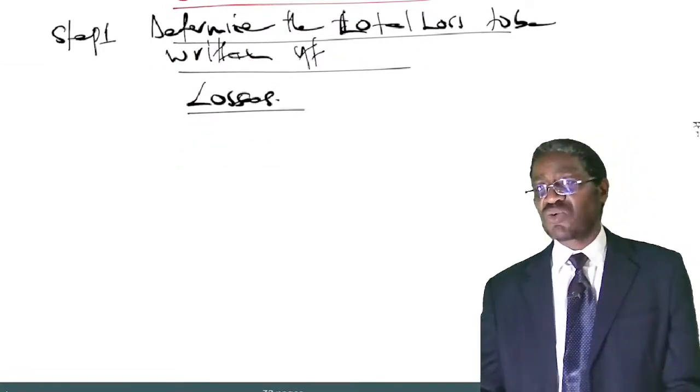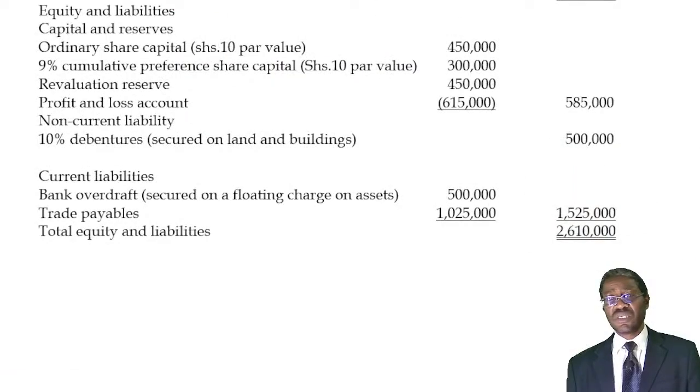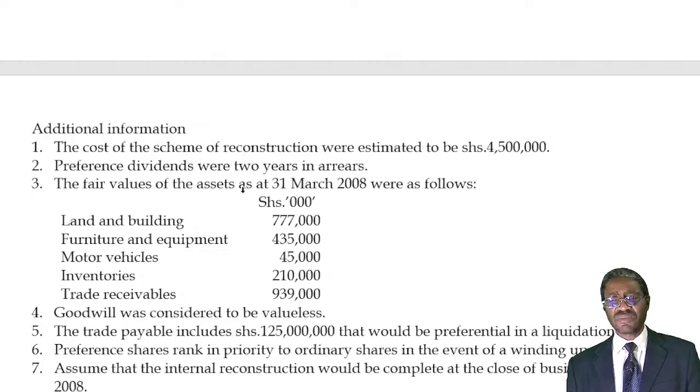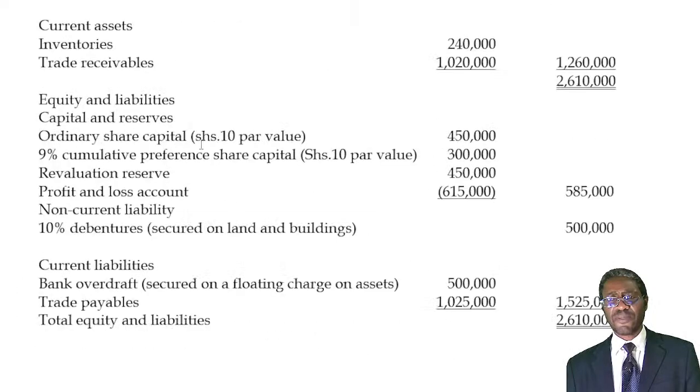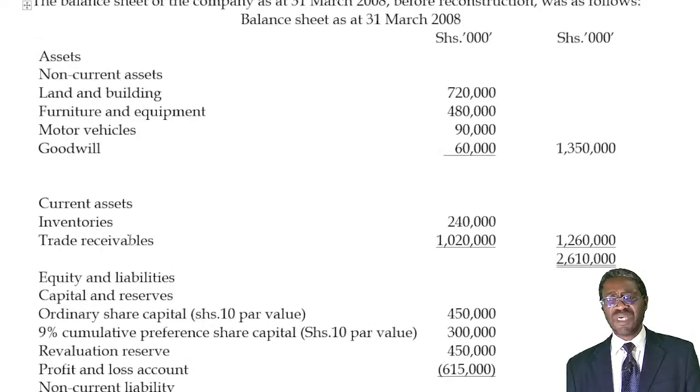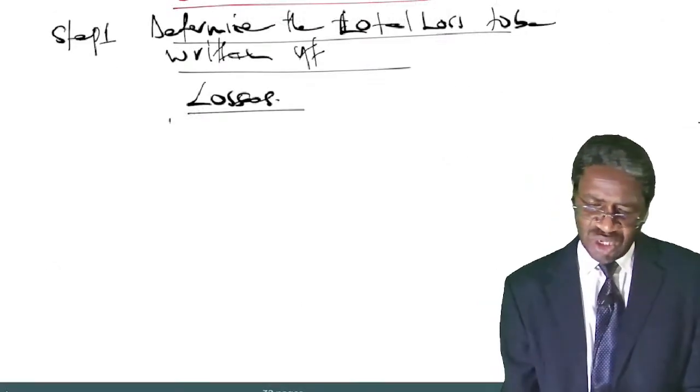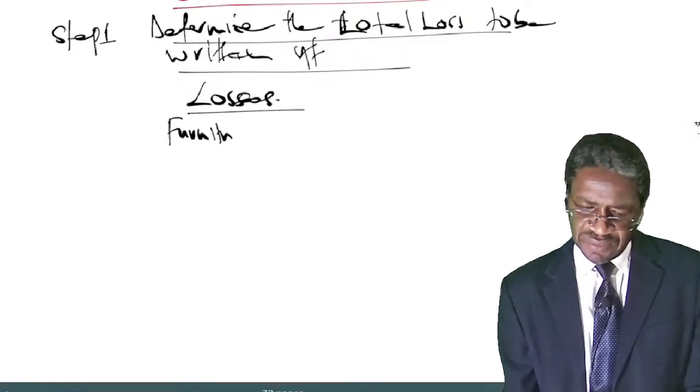Then after land, what was the next one? I've forgotten. After land, let me pick the next one from note number 3. That's where we are revaluing. From note 3, the next one was furniture, 435. But what was the original book value for the furniture? It was 480. Good. So we are saying our first asset that will give us a loss is furniture.